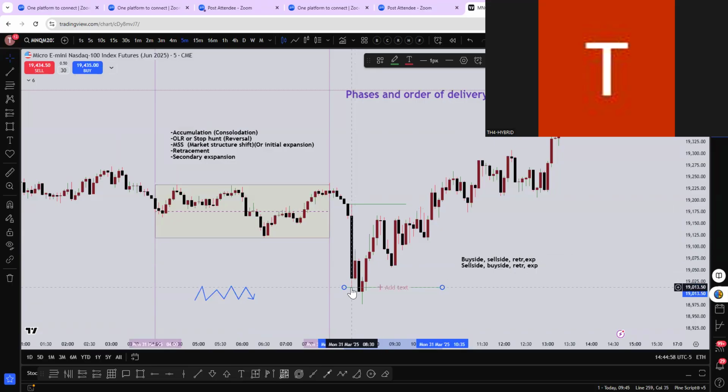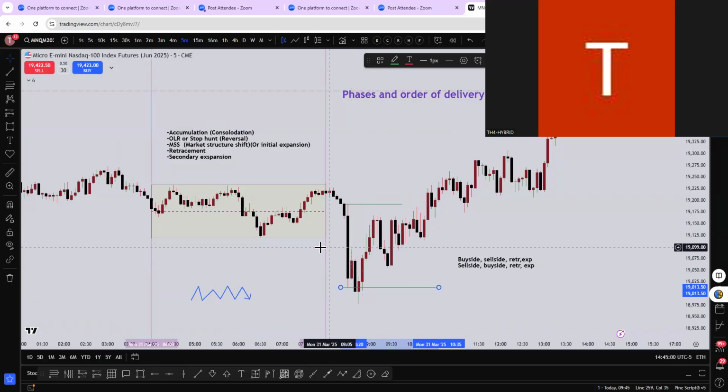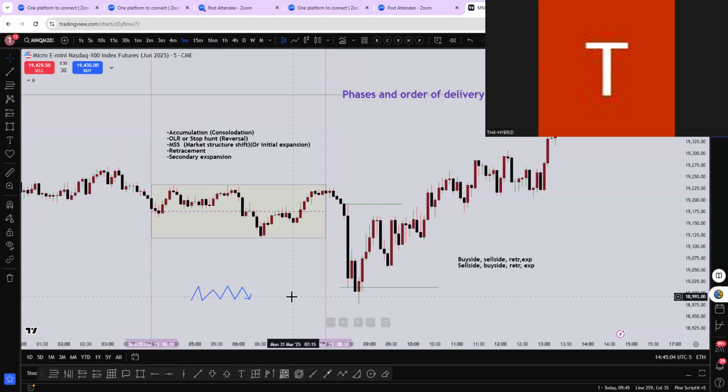The high, the low, and the equilibrium is what we focus on. Talk a little bit more about that when we go over ranges. Every candlestick, every consolidation, it's all ranges of price. The high, low, and the equilibrium are always going to be important.